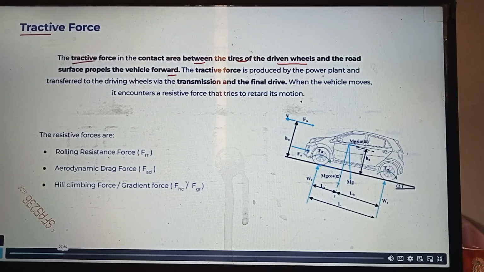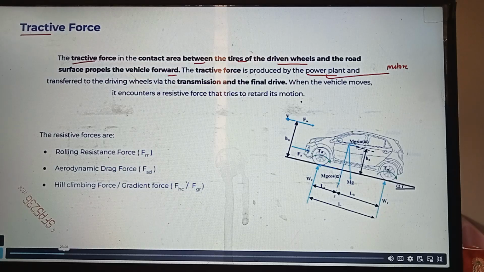Now, how is tractive force produced? It is produced by the power plant, and for us, it will be the motor, and transferred to the driving wheels via transmission and final drive. I believe you have already taken a course on introduction to electric vehicles. You must have seen that the motor output is connected to the transmission unit. Generally for electric vehicles, we don't have any clutch. In IC engine vehicles, we have a clutch, right?